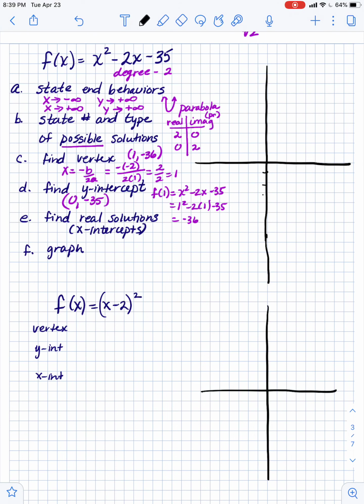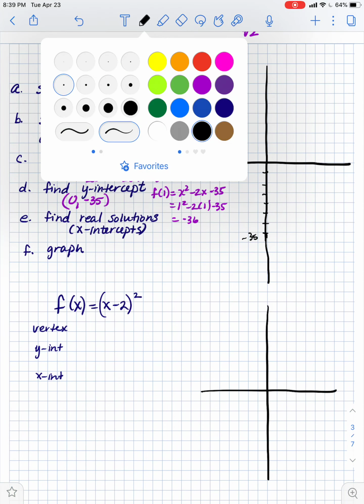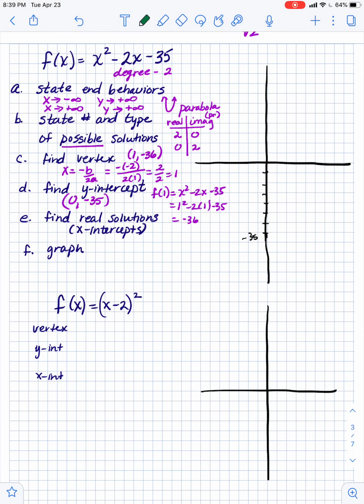So 5, 10, 15, 20, 25, 30, 35. So there's my 35, okay? Negative, so we'll do that. I'll go green. So I have 0, 35.